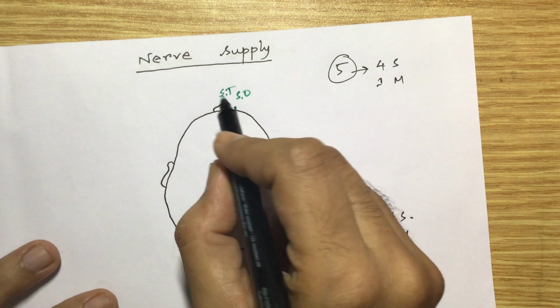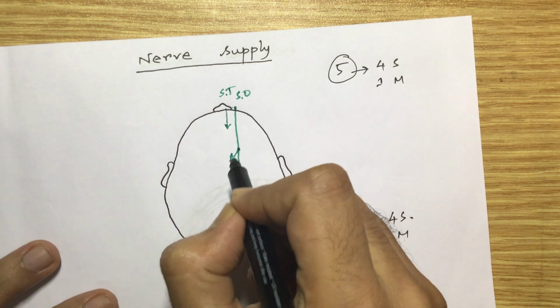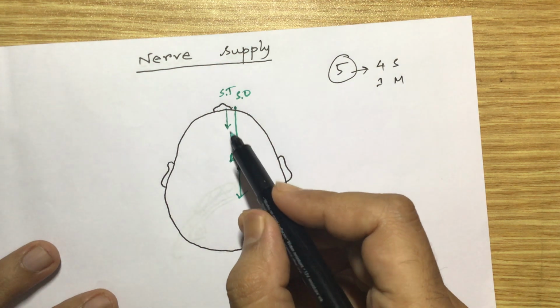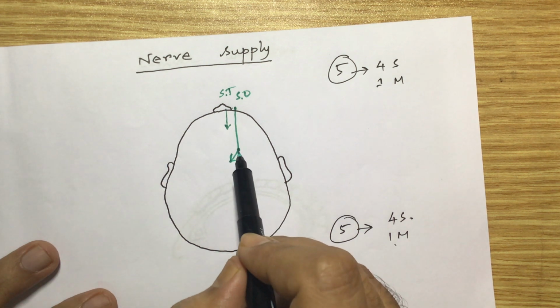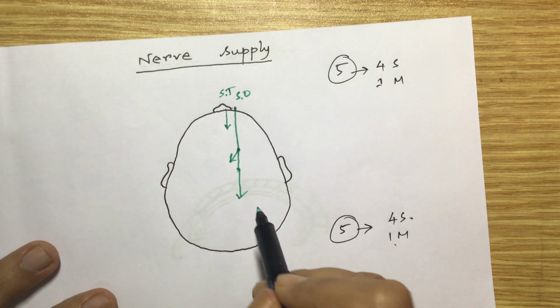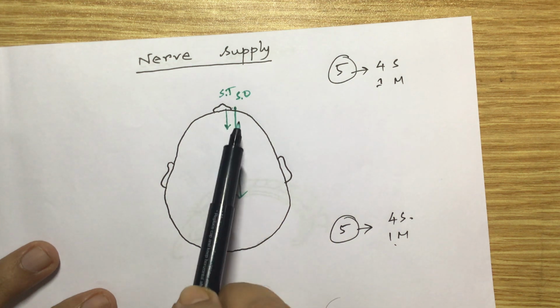It is larger than the supratrochlear nerve, and it gives 2 branches, one medial, one lateral. The medial one pierces the frontalis muscle and supplies here, and the lateral branch extends further. It pierces the aponeurotic layer and supplies this part.